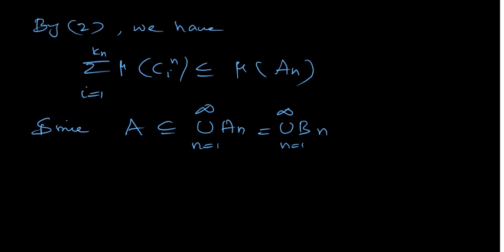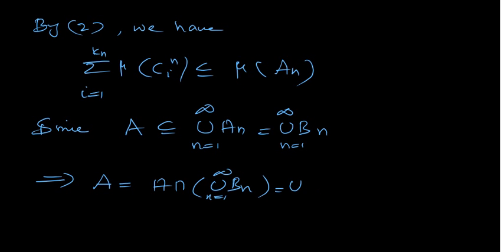So it means that A is equal to A intersection the bigger set, and this can be written as the union, n runs from 1 to infinity, of B_n intersection A.